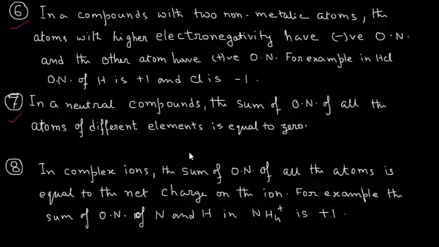The sum of the oxidation number of sodium and the oxidation number of chlorine will come to 0, that is +1 and -1 is equal to 0. Similarly, in any neutral compound, the sum of oxidation numbers is 0.